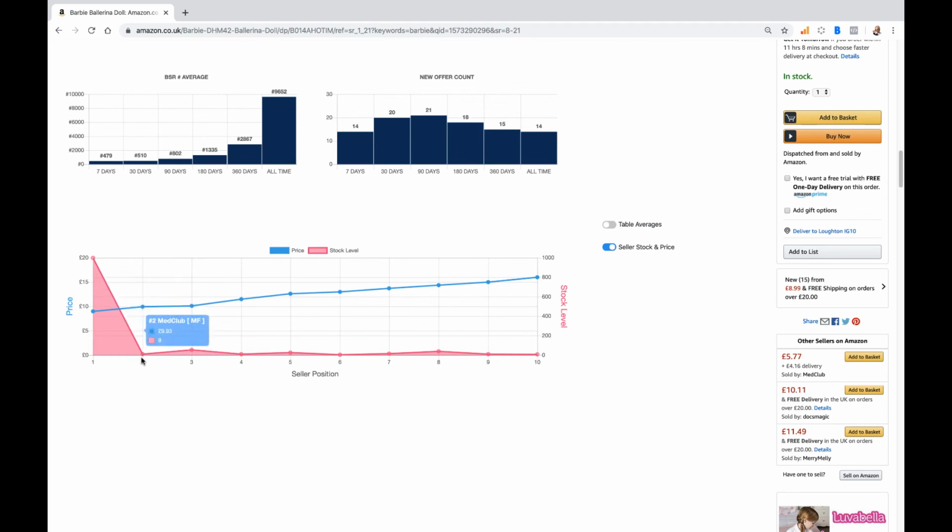You can see that seller number 2 has got 9 in stock. Seller number 3 has got 53 in stock, 9 in stock, 25 in stock. So you can see very quickly who's got what in stock and what their price is. And you can see that Amazon's at the lowest price, as we know, with the most amount of stock. So that'll help you make a decision about whether it's something you want to purchase or not.